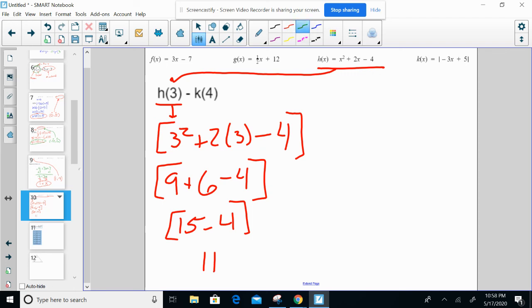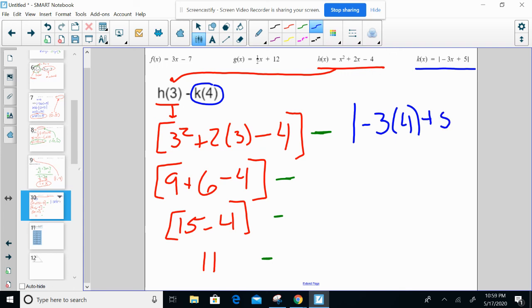All right, in green, I'm going to put our minus in between. And what we're going to do then is, in blue, we'll do k of 4. So k of x right here, it's an absolute value, we're going to replace that x with 4. All right, so here we go.